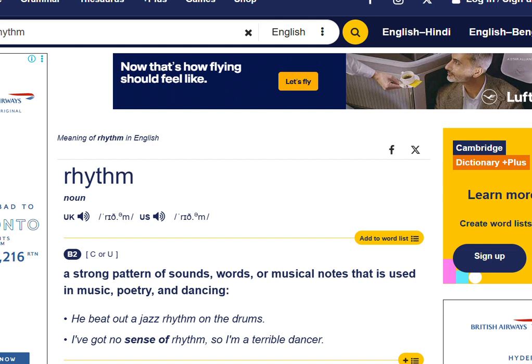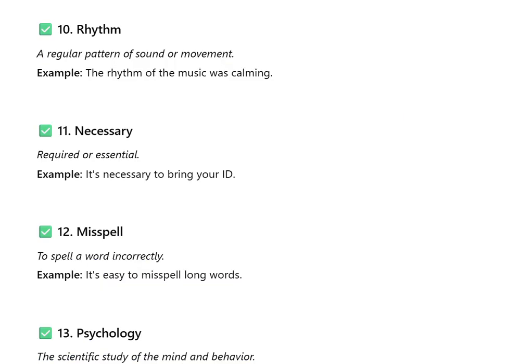He beat out a jazz rhythm on the drums. It means it was so good, and it was very good. The rhythm is the pattern of sound, and it was really calming. Okay, good job. Rhythm.